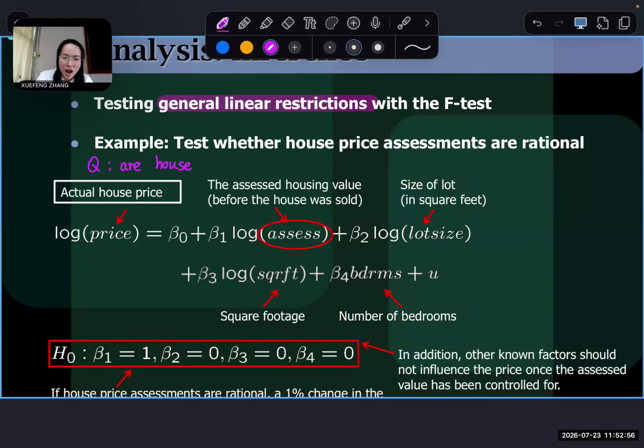So here, our question: is the house price assessment rational? If assessors do their job well, a 1% change in assessed value should predict exactly a 1% change in actual price, okay? No more, no less. That means our beta 1 should equal 1, right?